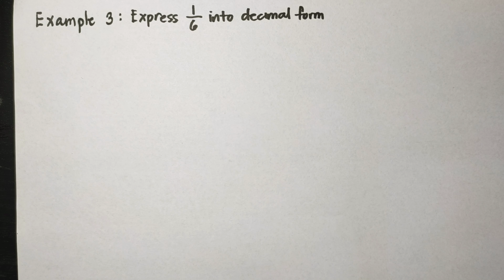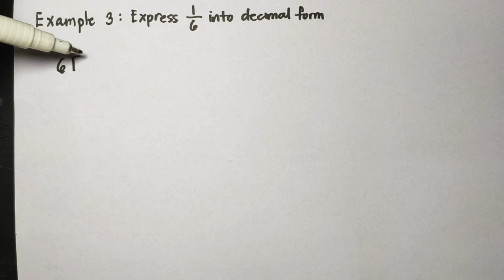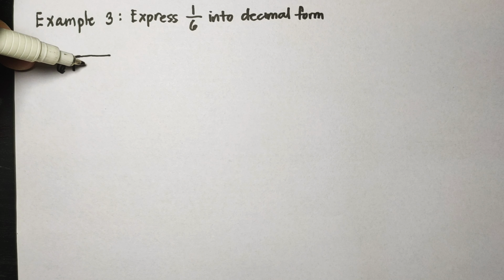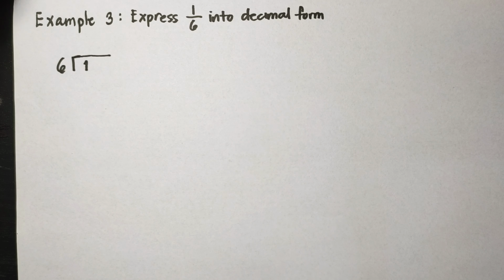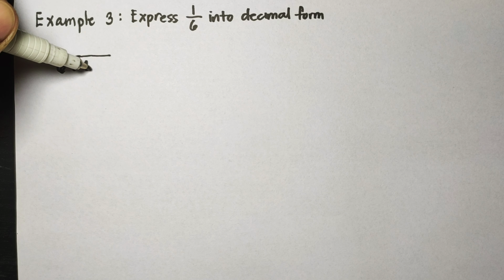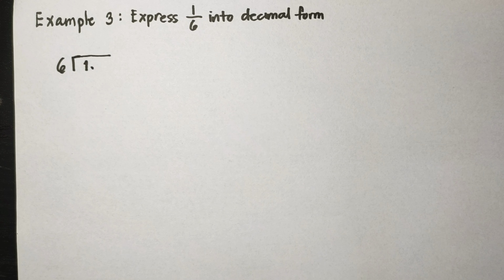Okay, number 3, express 1/6 into decimal form. At this point, we will just focus on the long division method, or method number 1. So, we divide; 6 will be the divisor and 1 will be our dividend. How many 6 are there in 1? None. So, we need the help of the decimal point.